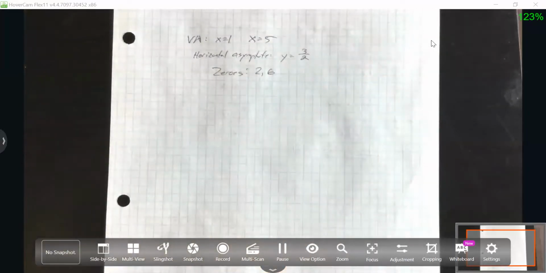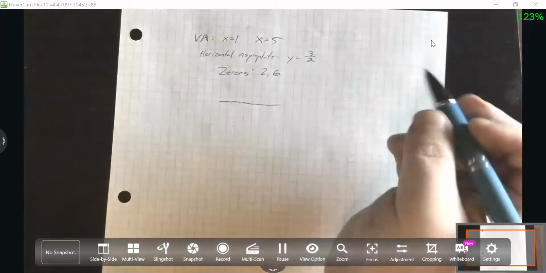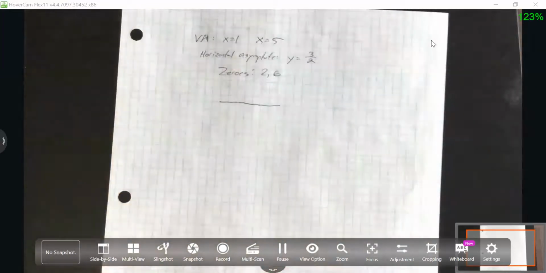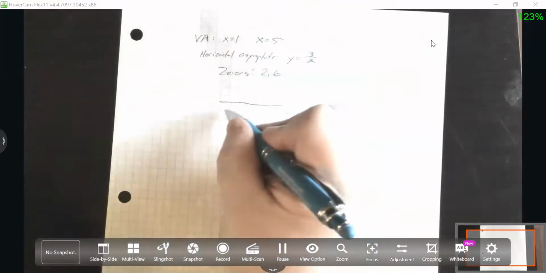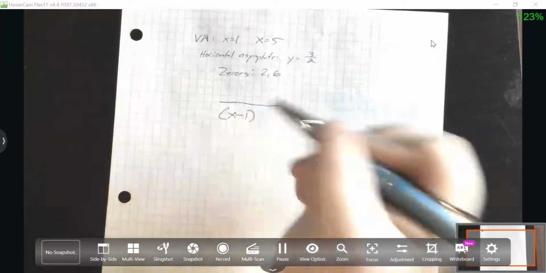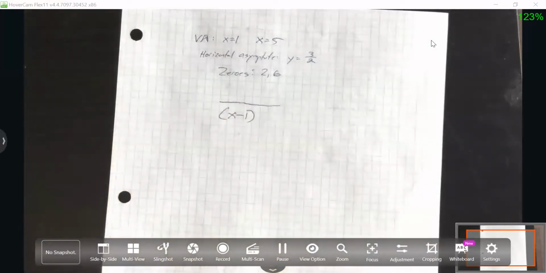So we're going to try to go backwards. We have all these characteristics. We just talked about how to find them. But how can we reverse engineer it? So we know these are rational expressions, so I know we're going to deal with some kind of fraction. I know vertical asymptotes came from us factoring the bottom of the equation and setting it equal to 0. So if I have a vertical asymptote at x equals 1, that means x minus 1 had to be one of the factors on the bottom.